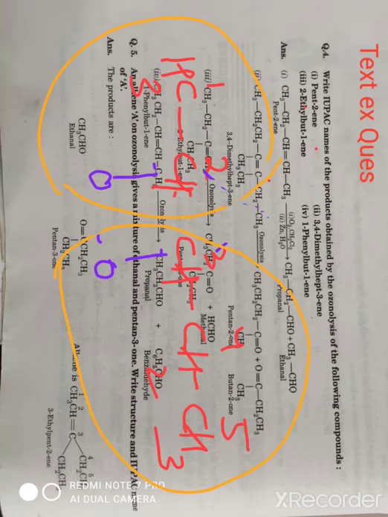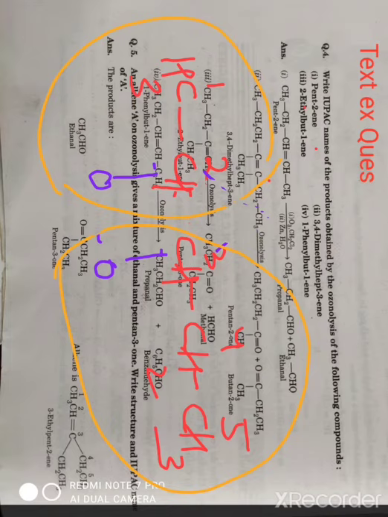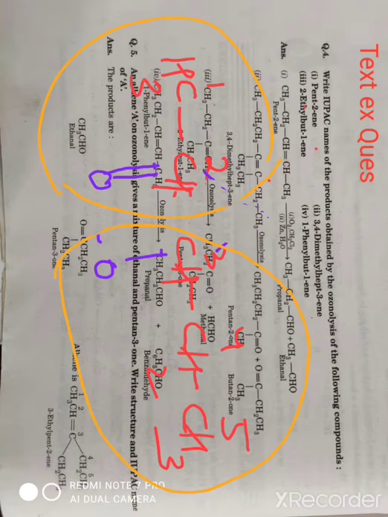So keep a double bond here, and here also a double bond is formed. These are the two products formed during the ozonolysis of pent-2-ene.